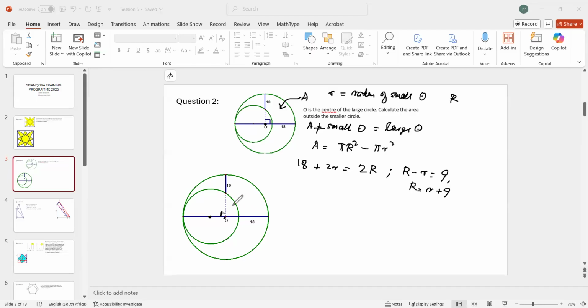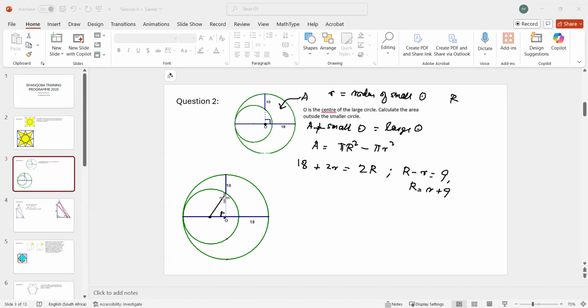So to get Pythagoras, I need to draw a right angle triangle. So I want to use this 10 here. Why don't I join those two? Then I will get a little right angle triangle, and see whether I can use the information to get an equation involving this.